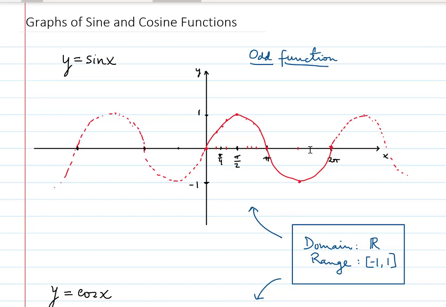What that means is, if you evaluate sine of -x, that's equal to the negative of sine of x. So sine of -x is equal to negative sine of x. That's what it means to be an odd function. In terms of the graph, it means it's symmetric about the origin.